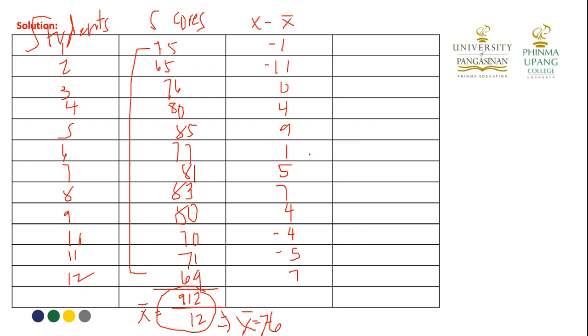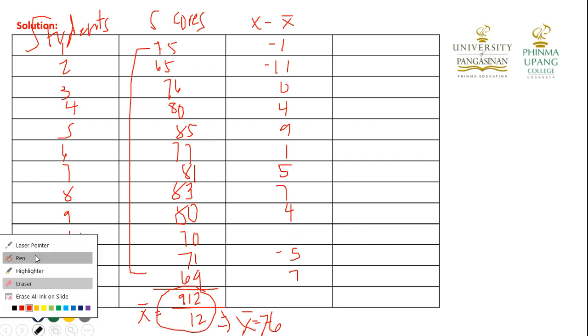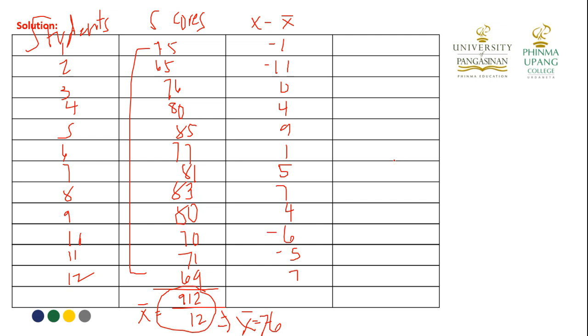Tama po ba? Yung 70 dapat negative 6. Tingnan nyo mabuti kasi binibilisan ko yung solve. Tapos, yung susunod dito, squared ng x minus x bar para makuha natin yung standard deviation.